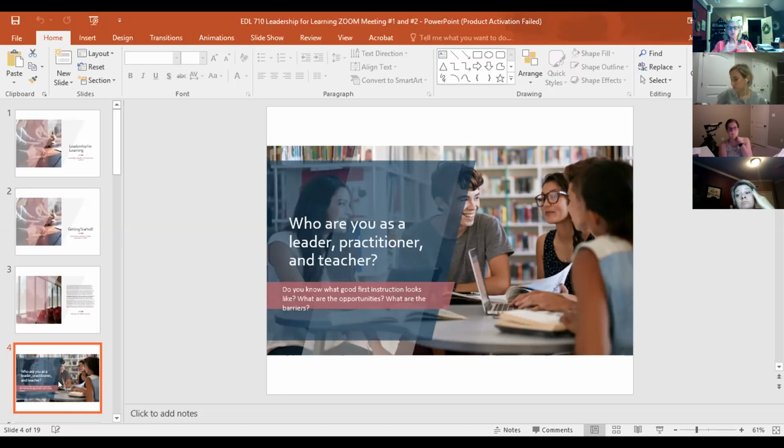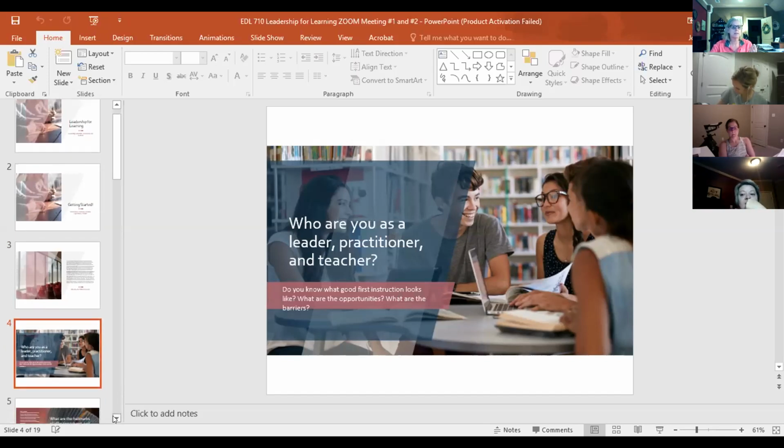And we do the best job we can delivering that instruction to our students. So we as teachers and leaders have to figure out, what does good instruction look like? What does it look like in practice? What does it look like when I walk into a classroom? So what are the opportunities to make that happen? But also, what are the barriers that we're going to address?